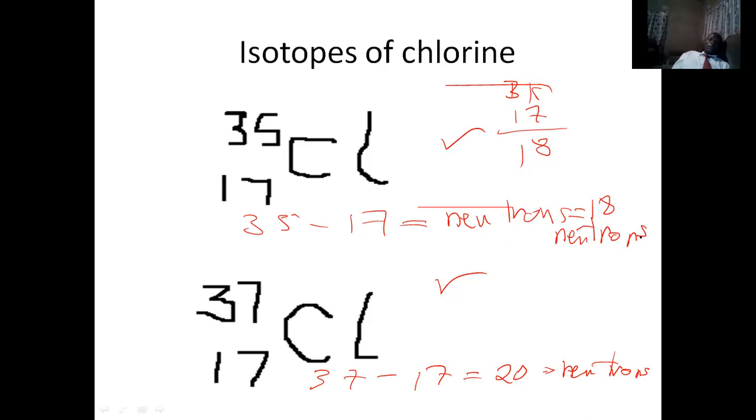So this is how different isotopes are. They differ in the number of neutrons, and yet the number of protons remains the same.